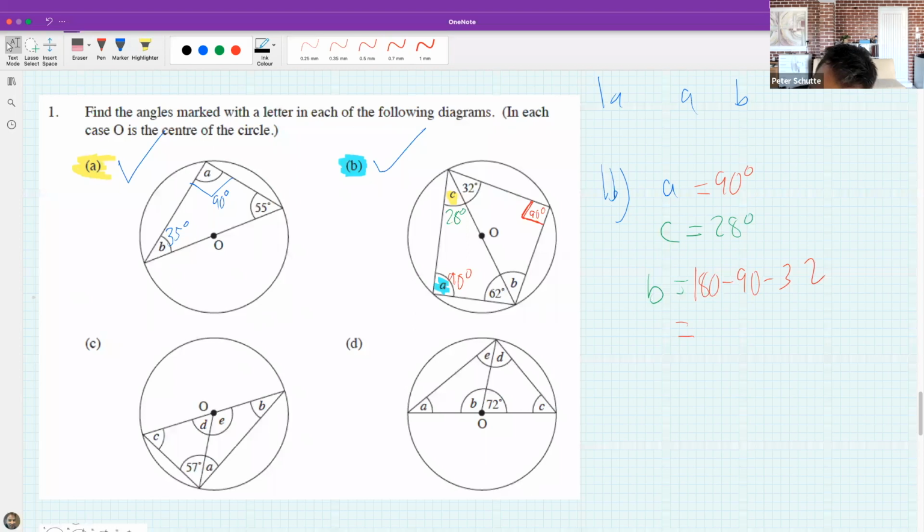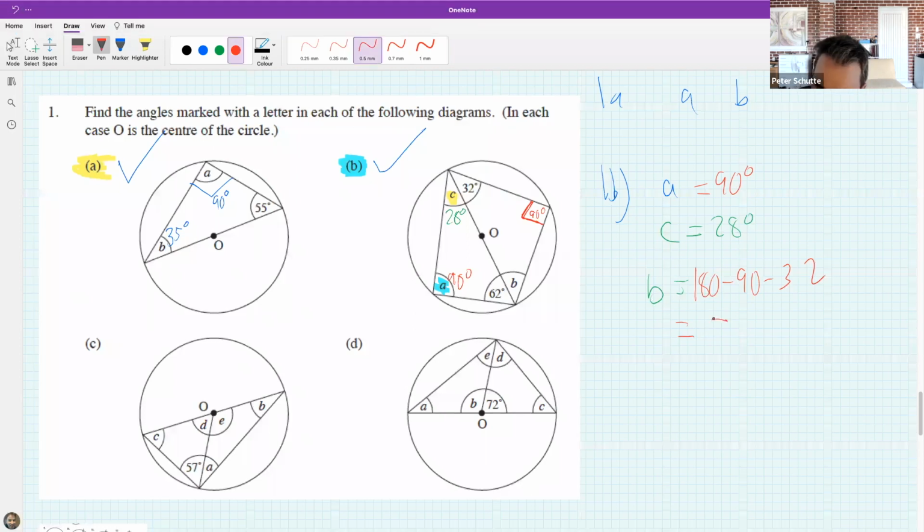So if I take 90 and I take away 32, I get 58. Now, how does that work? Okay. Wait, that's not going to be a problem. It does work out. Yeah, 58, as long as the 32 only goes over.